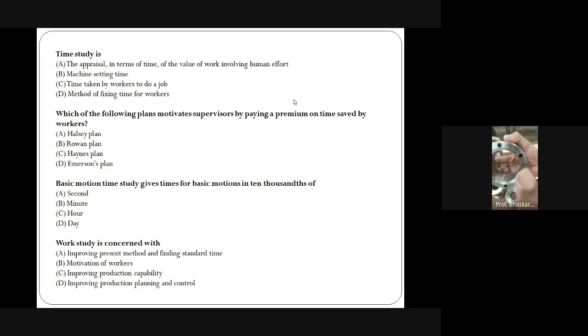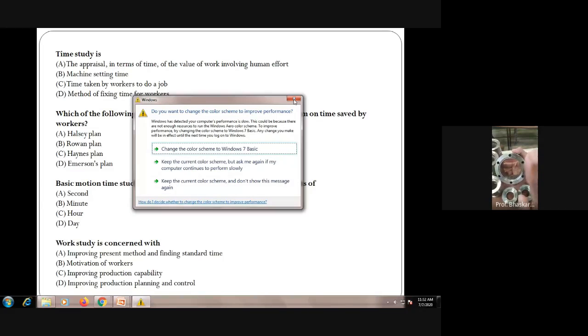Initially we have to decide the observed times. We have to come to the shop floor and observe, then multiply by the merit rating, meaning the rating decided as per the standards. Observed time multiplied by that rating is your basic time.